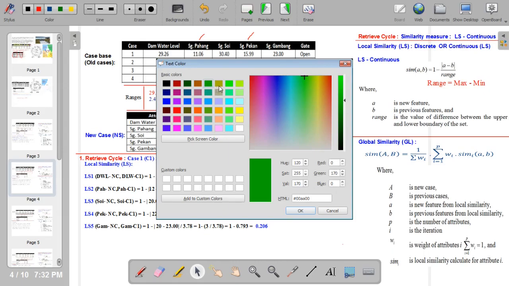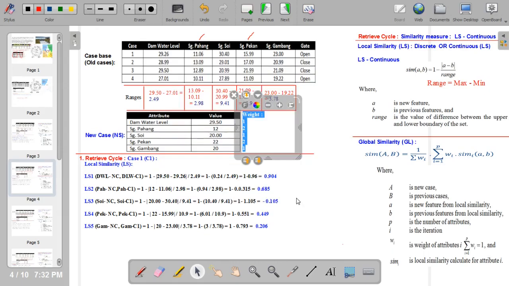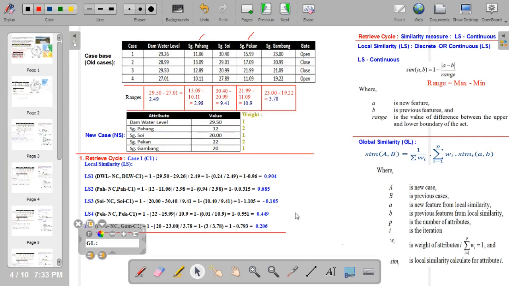So now these are the attributes, and I'm going to highlight them with this color. Now I'm going to calculate the global similarity between the new case and the old case, which is case 1. So the global similarity here, based on this formula, where A is the new case, we are representing the new case as NS.